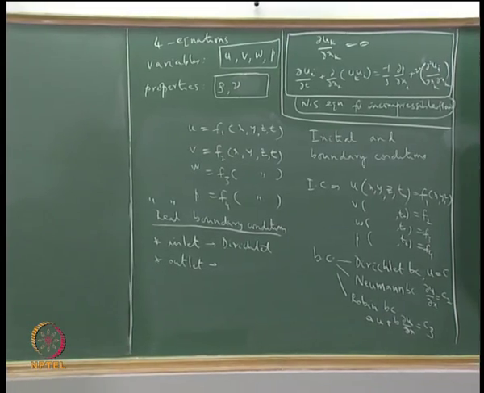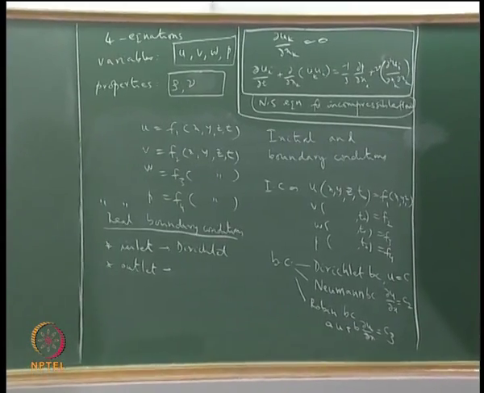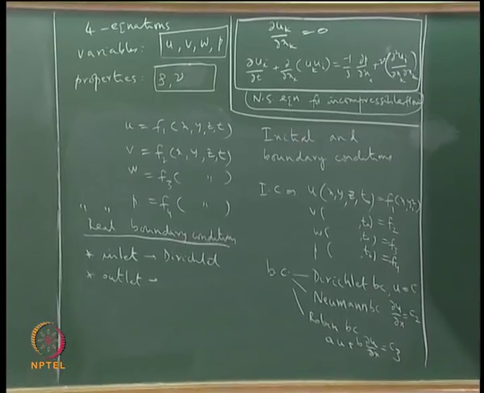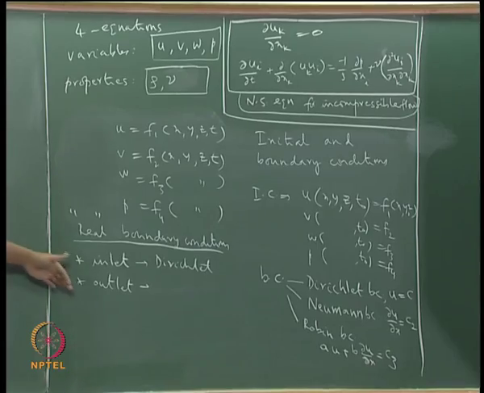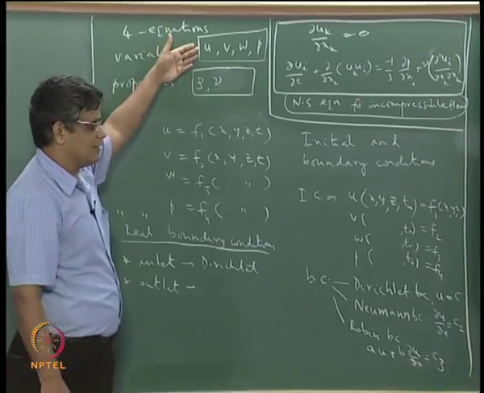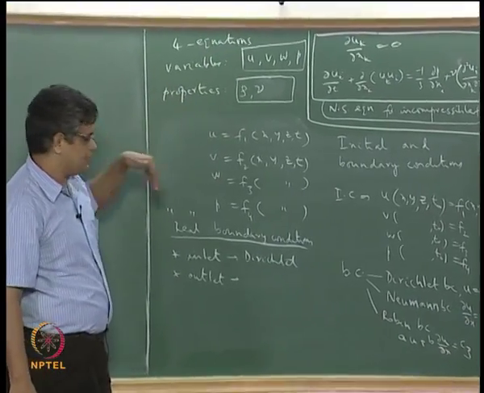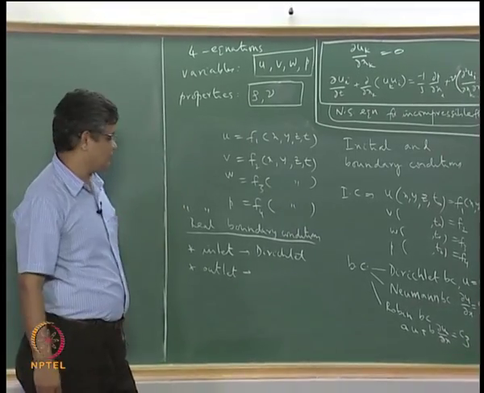Again this is where the flow is leaving the domain of interest, and typically the values of these variables are extrapolated from interior values, and that can be done in a number of ways.